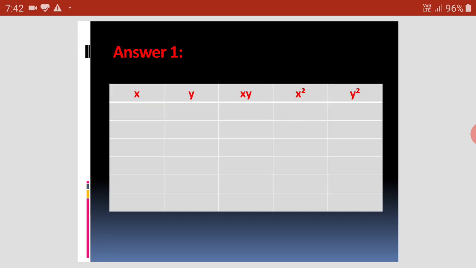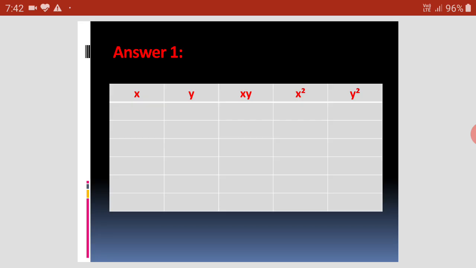When you calculate these questions, first prepare 5 columns: first x, second y, third xy, then x square, then y square. First x and y are given in the question, and you prepare 3 extra columns: xy, x square and y square.